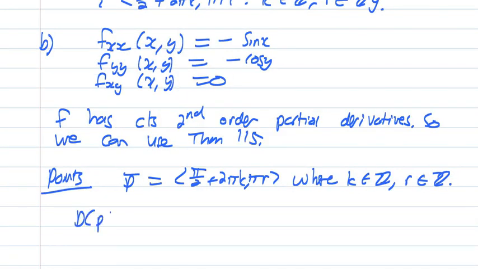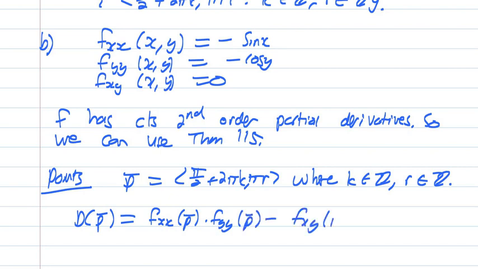The definition is f double x at that point times f double y at that point minus f xy at that point squared. In this case the mixed term is naught, so d evaluates to sine x times cos y.